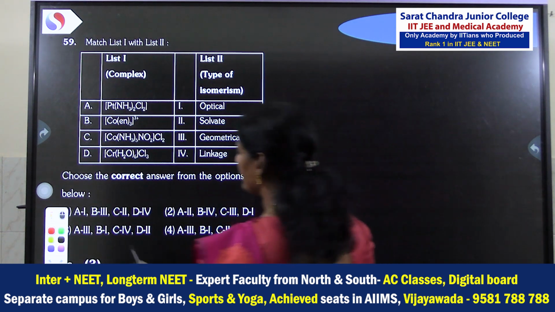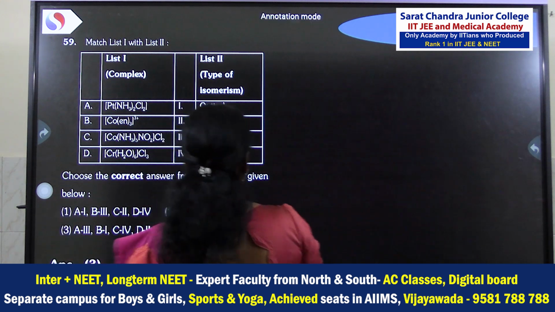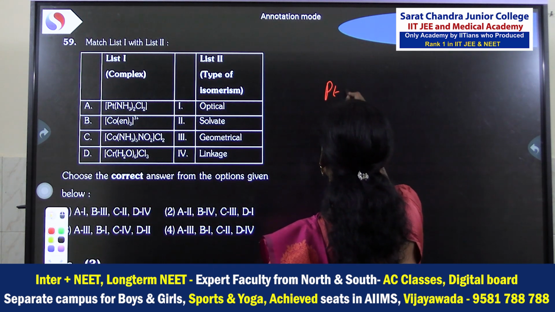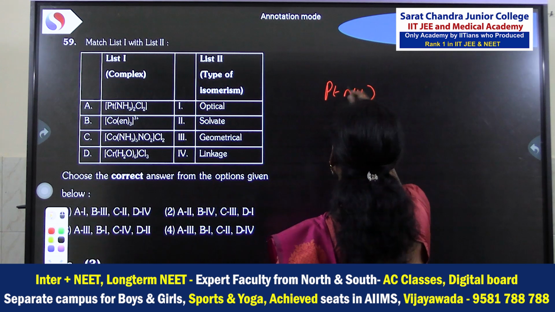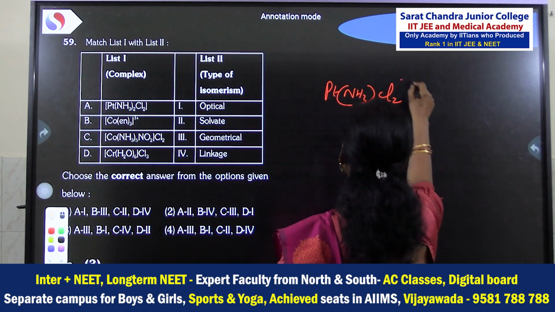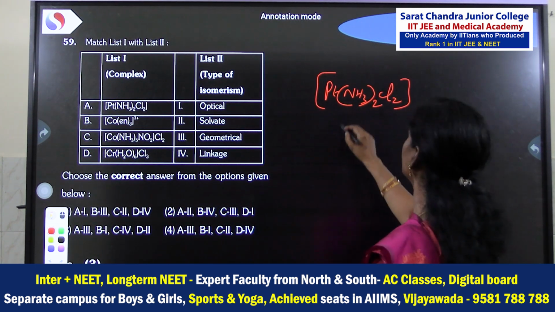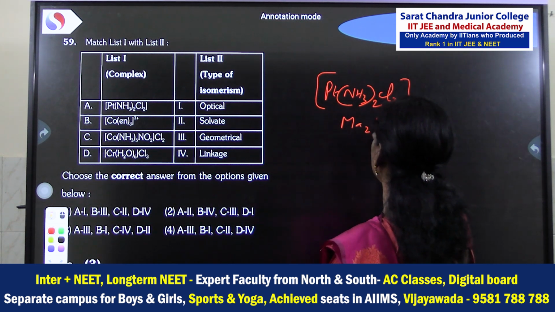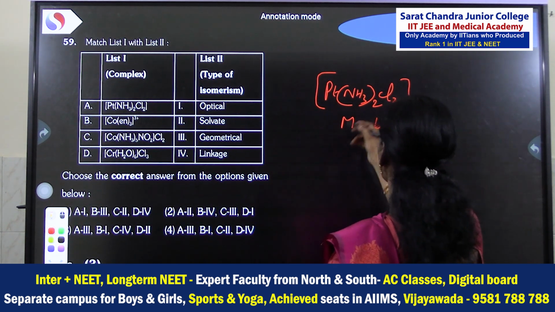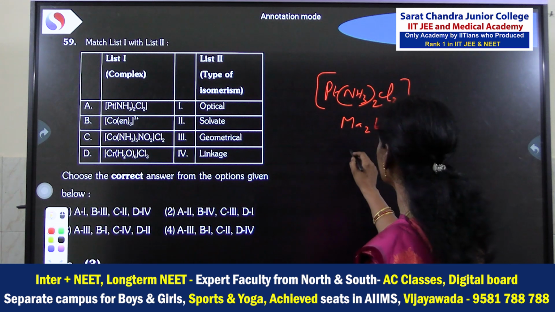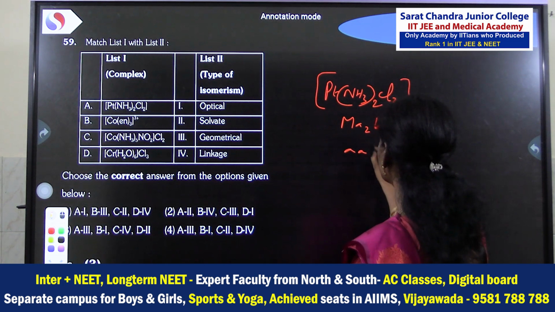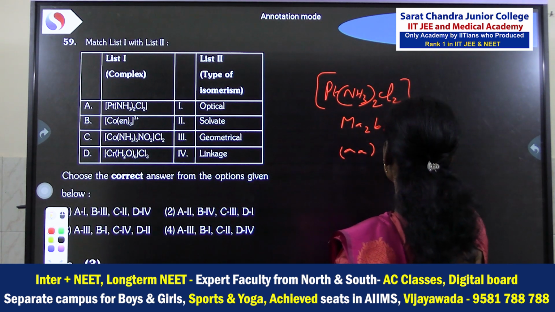So Pt(NH3)2Cl2 is of the form Ma2B2. How many geometrical isomers are possible? There are 2 possible geometrical isomers.